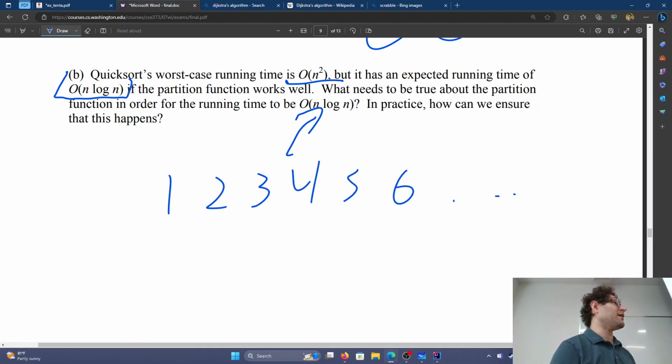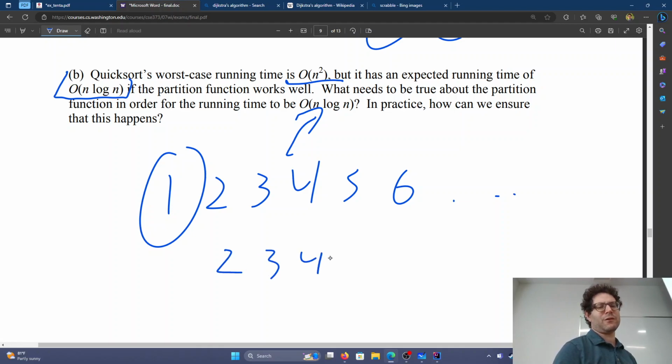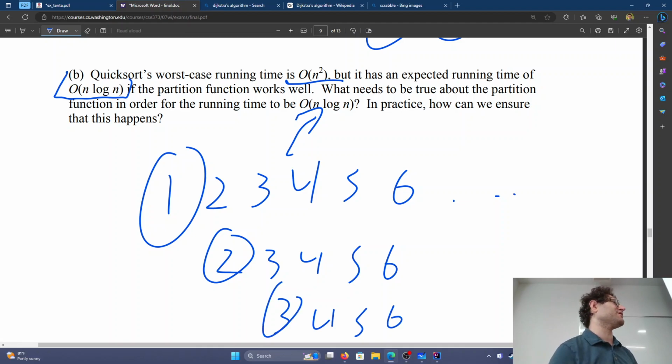And let's assume that we always choose the leftmost item as our pivot. That's our strategy. So we choose the leftmost item as our pivot, and we've got 2, 3, 4, 5, 6. So basically, everything is on the bigger than side. Then simple: each recursive step, we're only reducing it by 1.